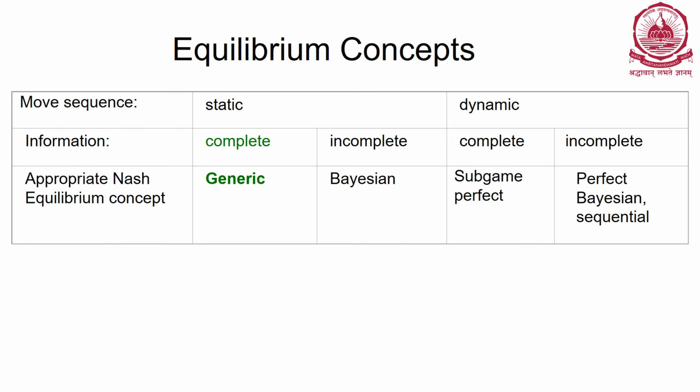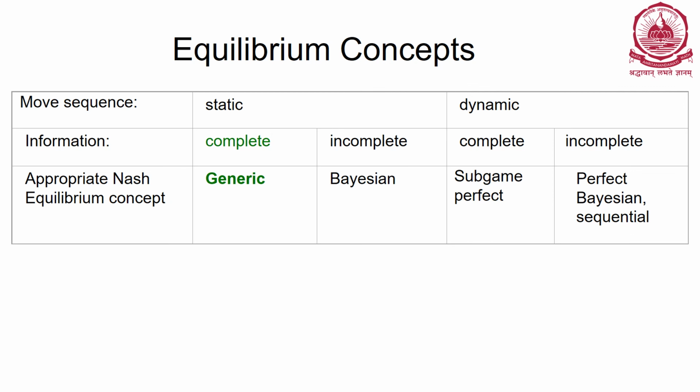The equilibrium concepts we have seen are highlighted in the green color. When the information is complete and the game is static, that means a simultaneous game, the Nash equilibrium concept is generic. There is already a video on the Bayesian concept for incomplete information in static games, so please do refer to that. In the upcoming video, I will be discussing dynamic games of complete information, where we use the concept of subgame perfection.